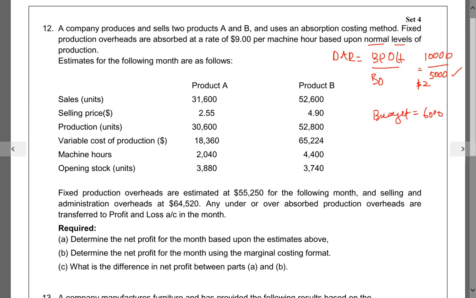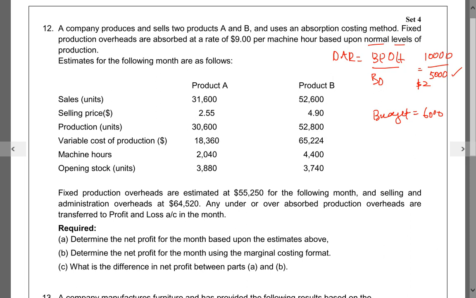My OAR will still use this $2, which is based on normal activity. Normally we will budget 5, but just next month I want to budget 6. So can I do that? Can. My OAR will still be 2.